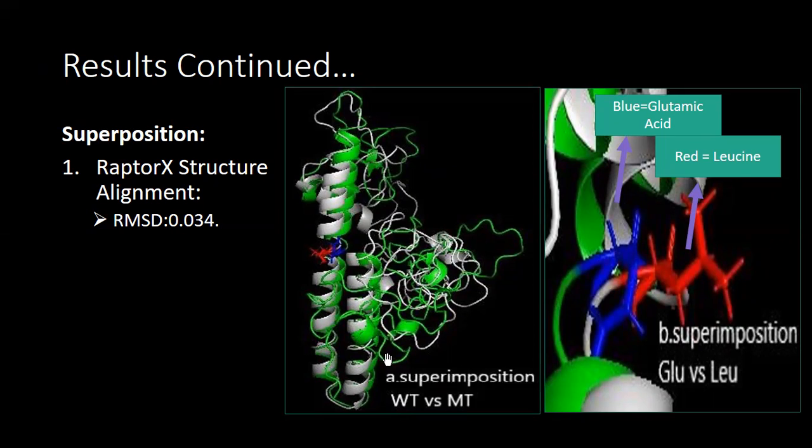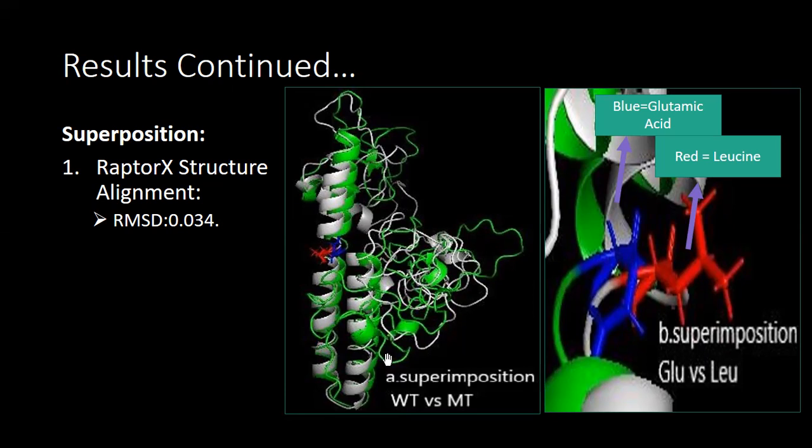Due to the large size of leucine, it may bind with other amino acids. It may bind with another protein. Due to this binding formation, it can affect and give abnormal protein formation. And also this mutation is in an active site.